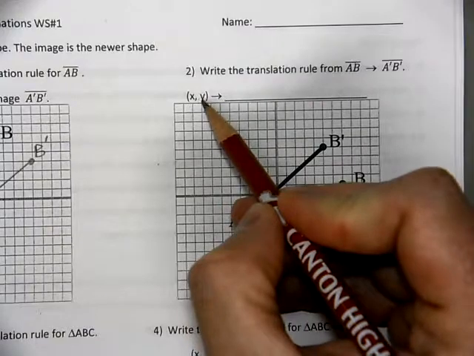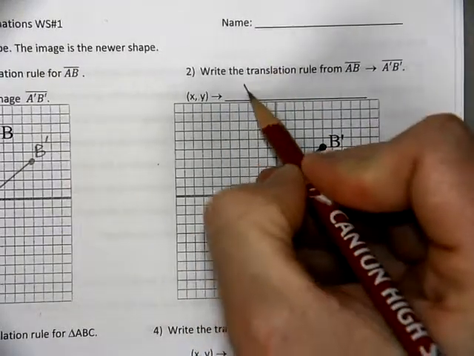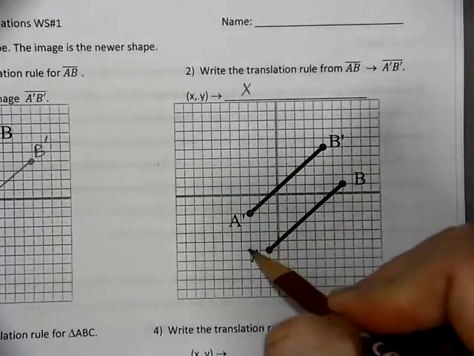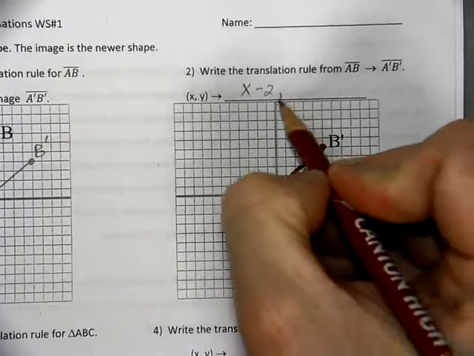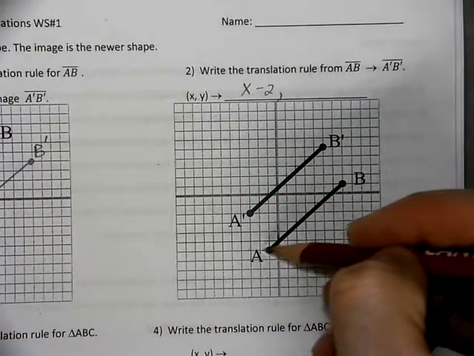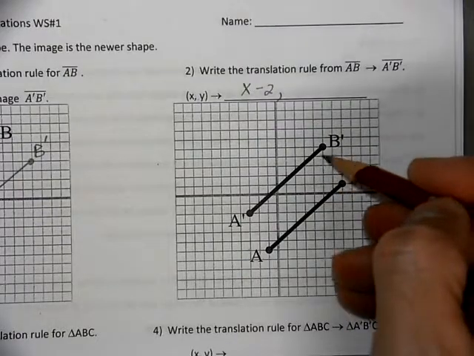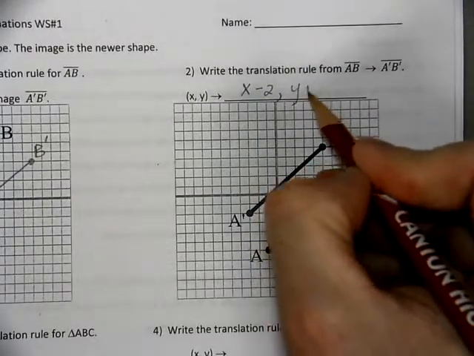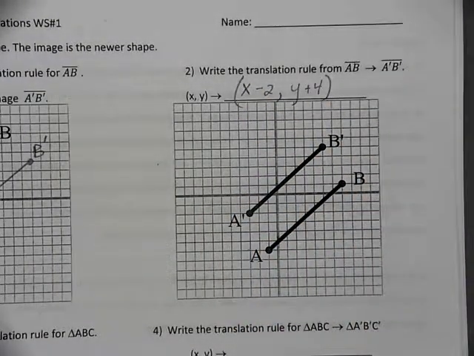So x comma y, and then we have the arrow that tells us we have a transformation. Every x value is going to the left 2, so -2, and every point is going up 4, so y plus 4. So that's our rule for that transformation.